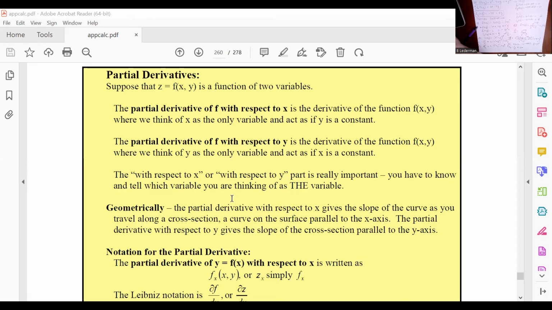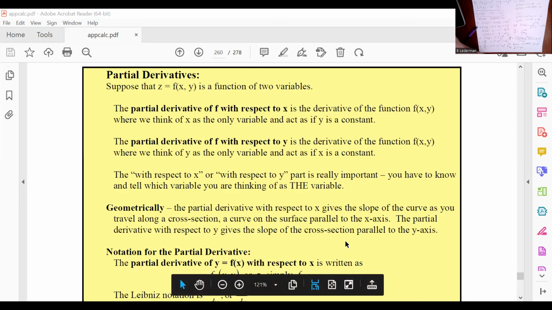Now, geometrically, a partial derivative with respect to x gives the slope of the curve as you travel along a cross section, specifically a curve on the surface parallel to the x-axis. The partial derivative with respect to y gives the slope of the cross section parallel to the y-axis.